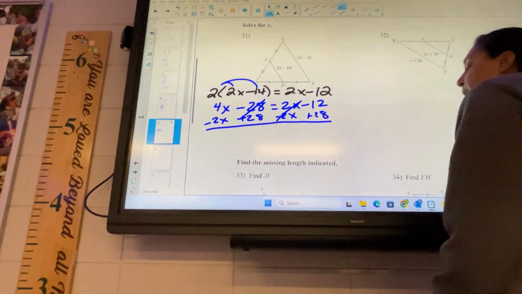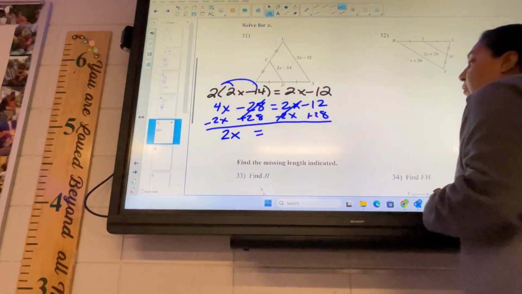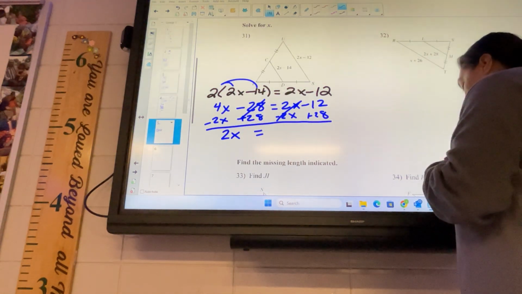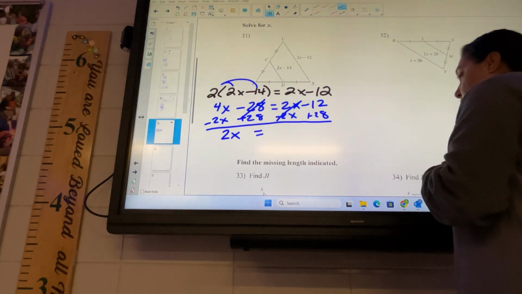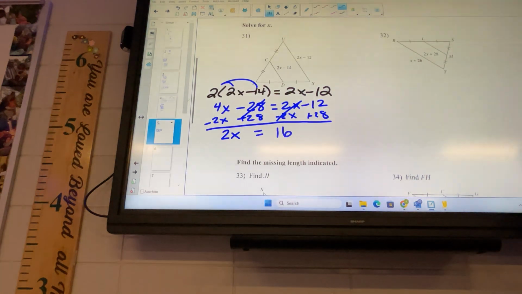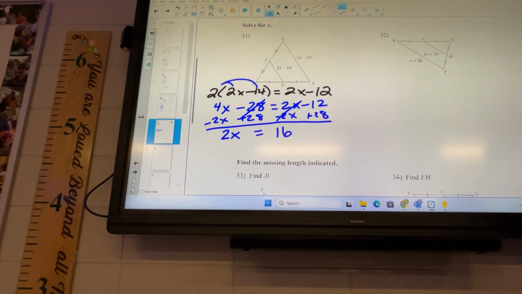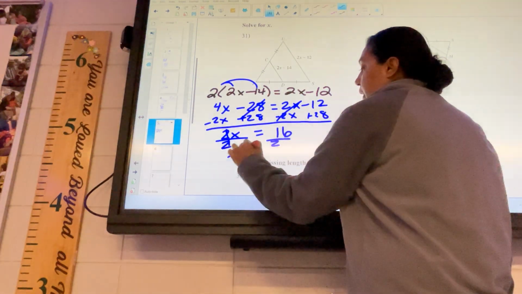Okay, so 4x minus 2x is 2x. Negative 12 plus 28. I don't know, 16? 16. Okay. I won't be trusting my math in the morning. Okay, and then what? Divide by 2. Would that be 4 x equals 8?